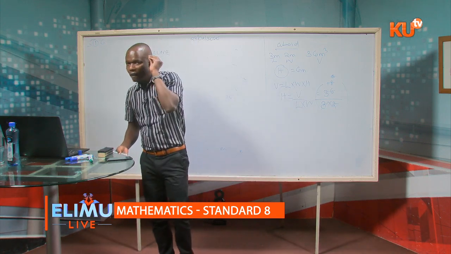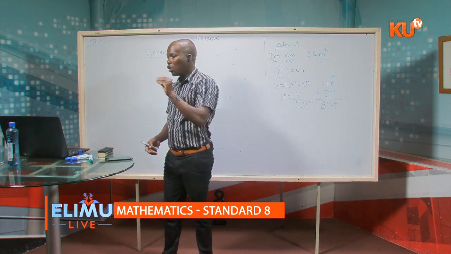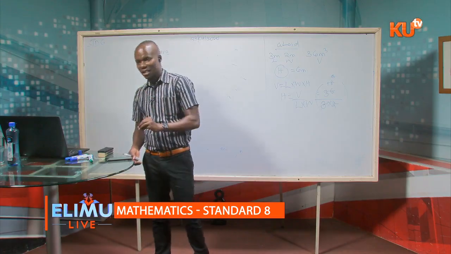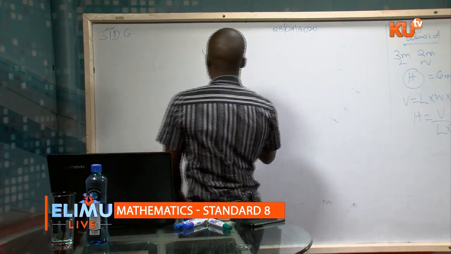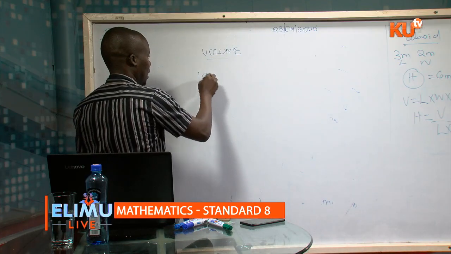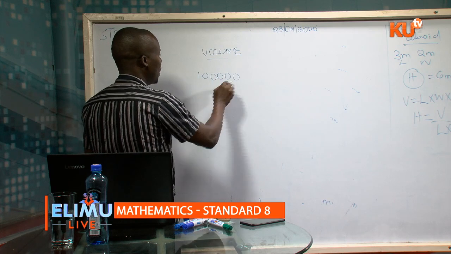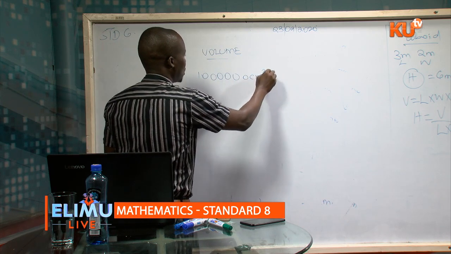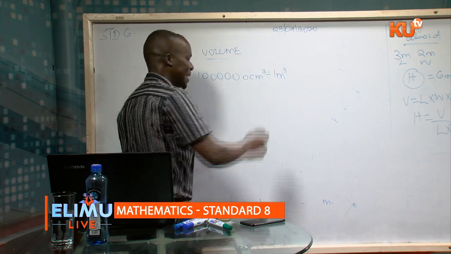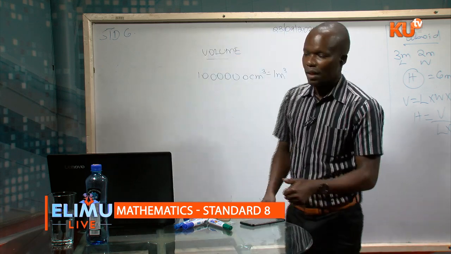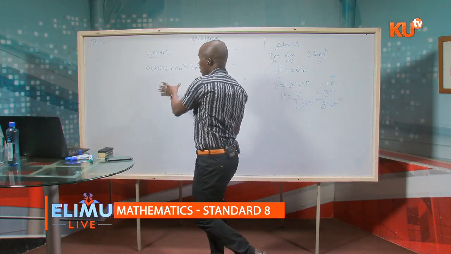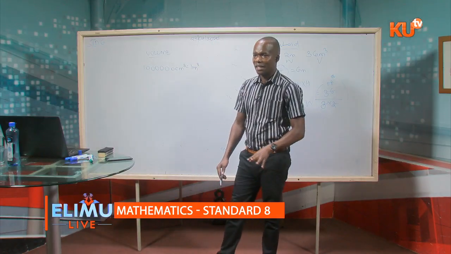Then converting the units from cubic meters to cubic centimeters, you stick to this. 1 million cubic centimeters is 1 cubic meter. Stick to it forever.